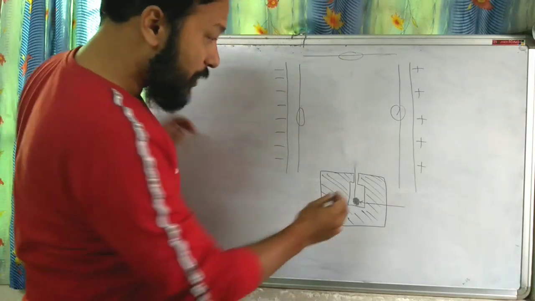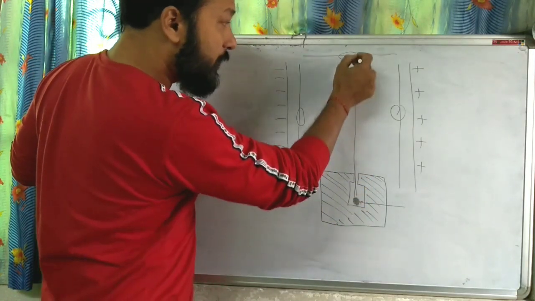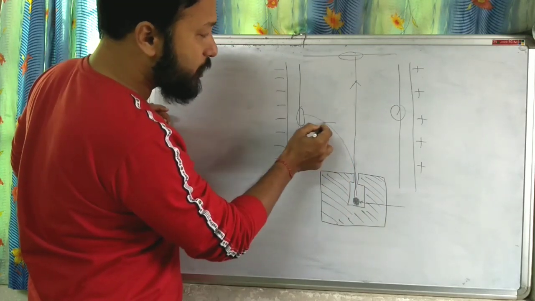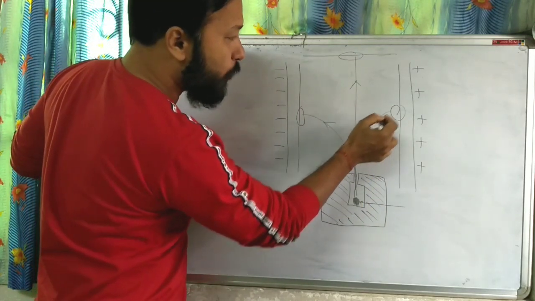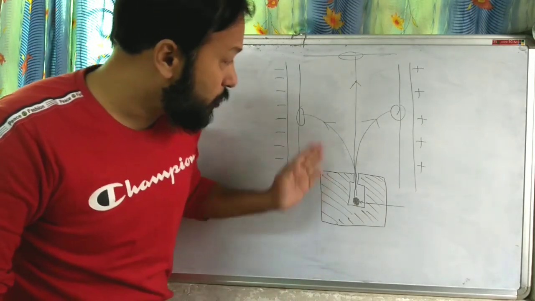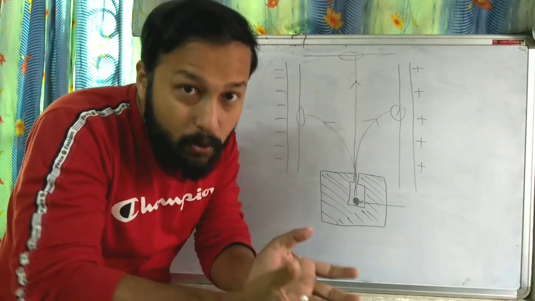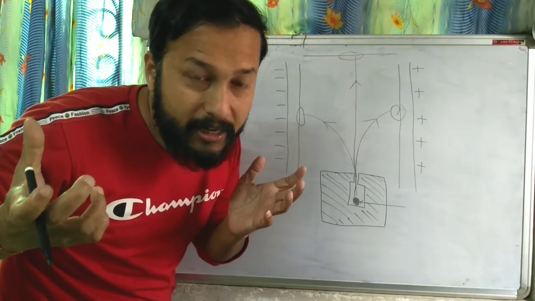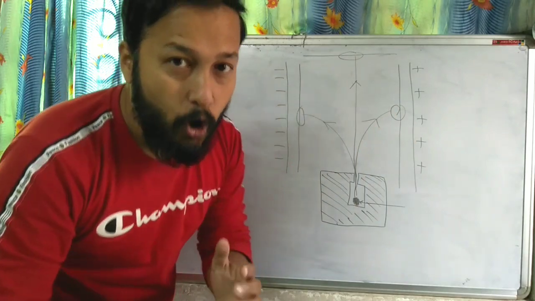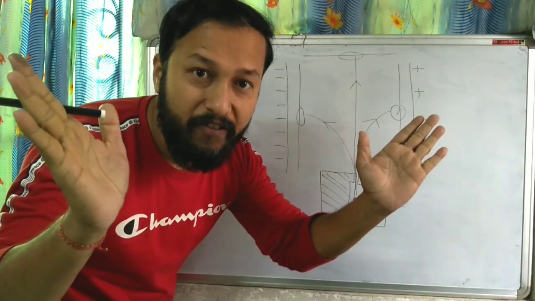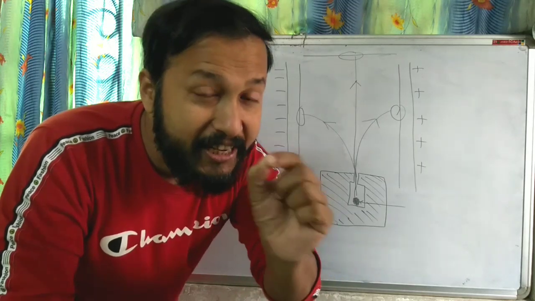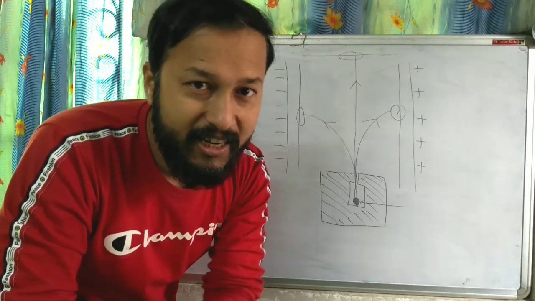That means of the rays coming out, a few are going straight, a few are going this way and a few are going this way. That means three rays are coming out from the radioactive material, and all three are going in three different directions. Why? Because these rays are affected by the electric field.